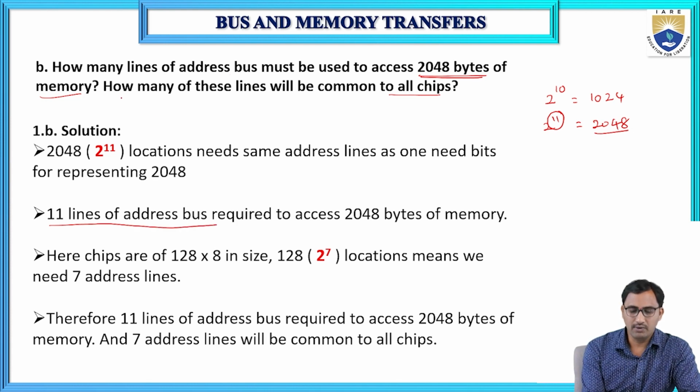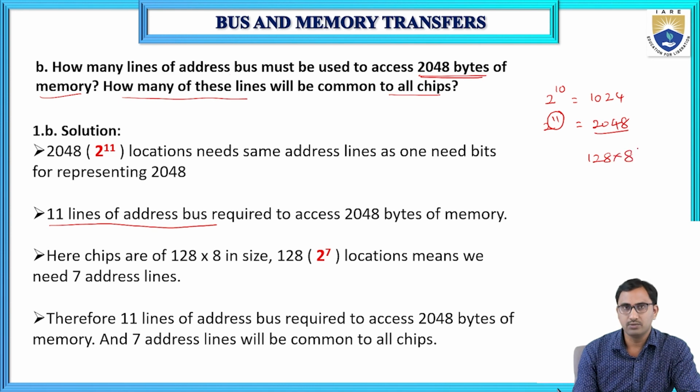The second one is, how many of these lines will be common to all chips? The size of every chip is 128 by 8. So this is a chip: 128 is 128 bytes, that means we have 128 memory locations, and in each memory location we can store 8 bits of data.